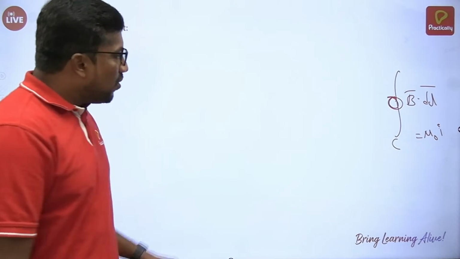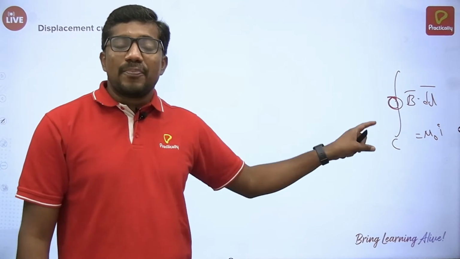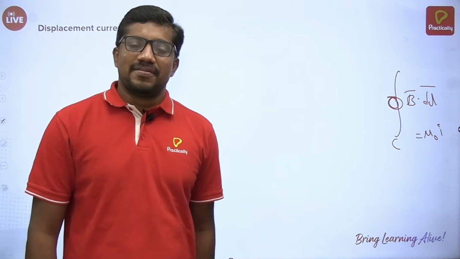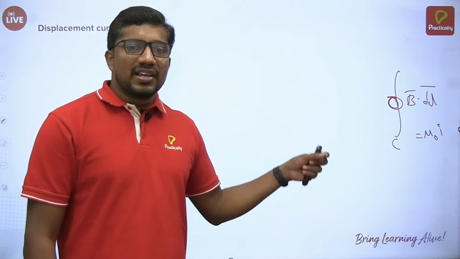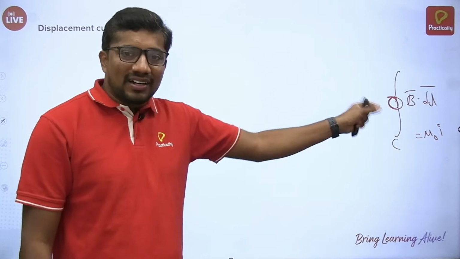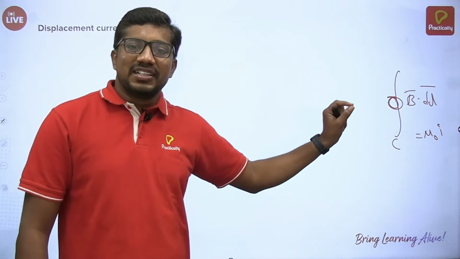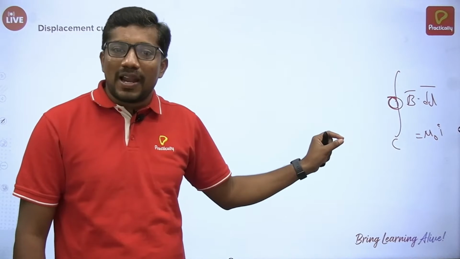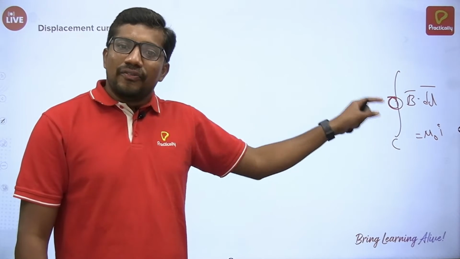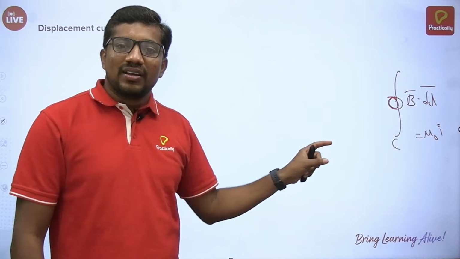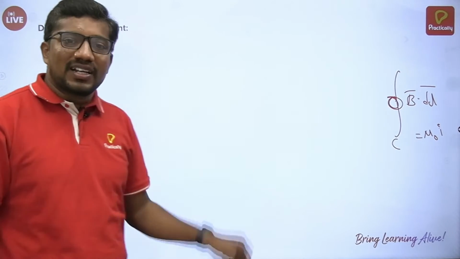Okay. Now Maxwell found that Ampere's Circuital Law is inconsistent. It's not consistent everywhere; there is a missing term in that law. What is that missing term? How he explained it: in that explanation, we have a new term called displacement current.